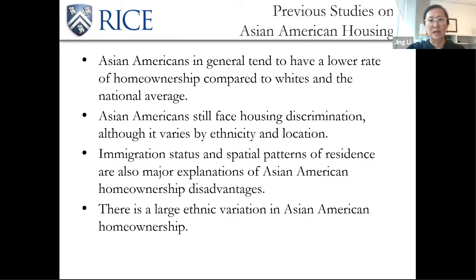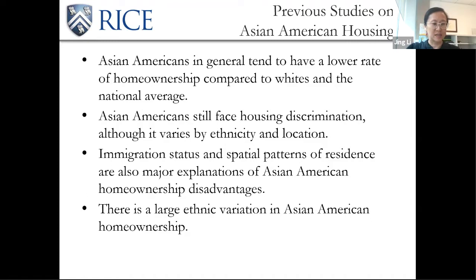Previous studies on Asian American housing found that Asian Americans in general tend to have a lower rate of home ownership compared to whites and the national average. The studies also found that Asian Americans still face housing discrimination. In some cases, it is as high as for Blacks, but it also varies by ethnicity and location.